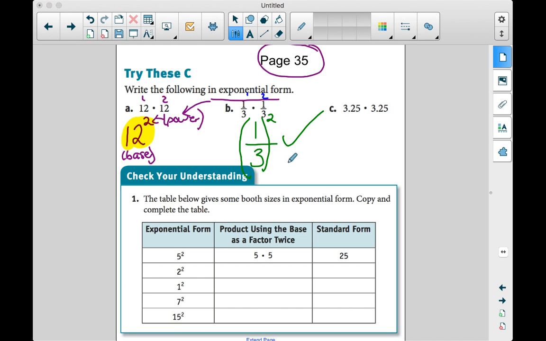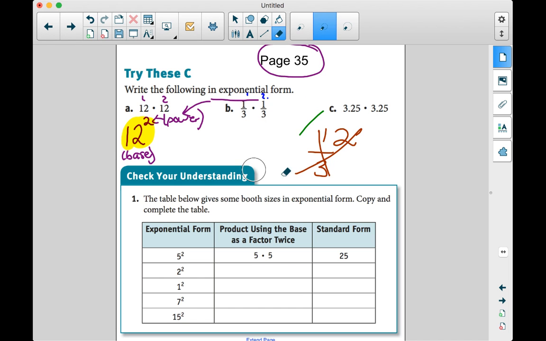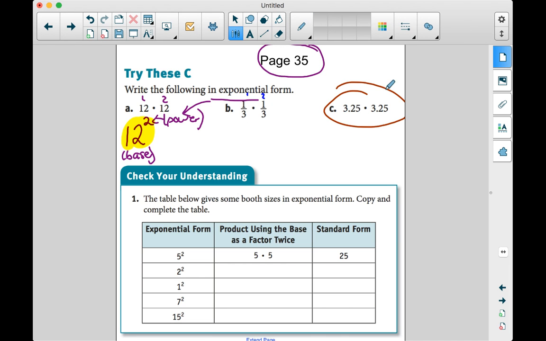The incorrect way to do it would be 1/3 with the 2 written like this on the line. Okay, that is the wrong way to do it. I want you to go ahead and try to do this one right here on your own. And then when you're ready, push play and we will check your answer.